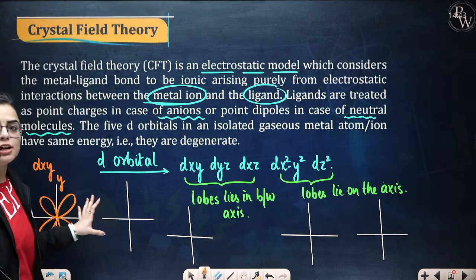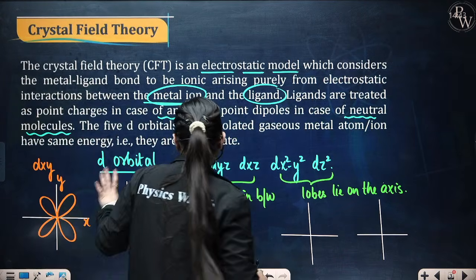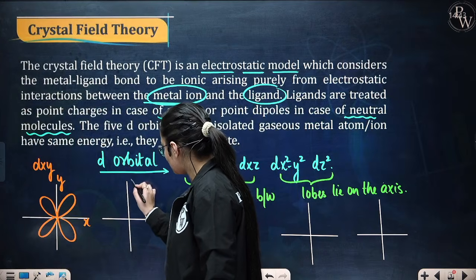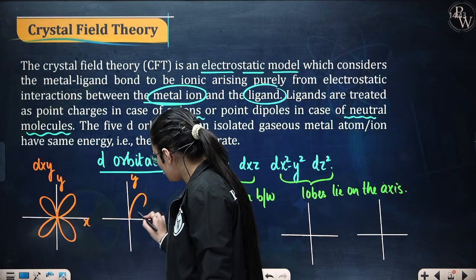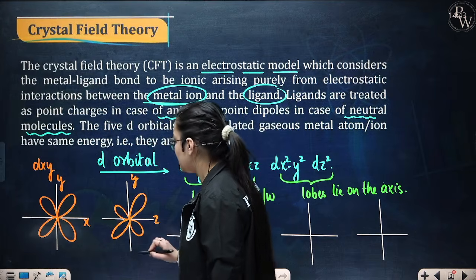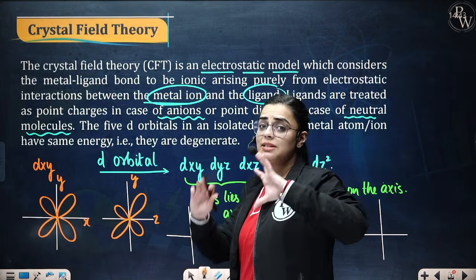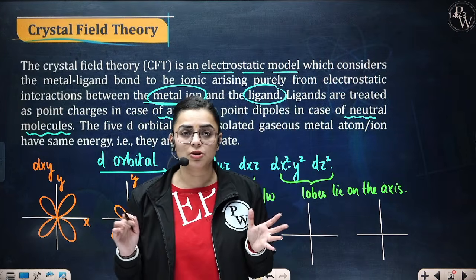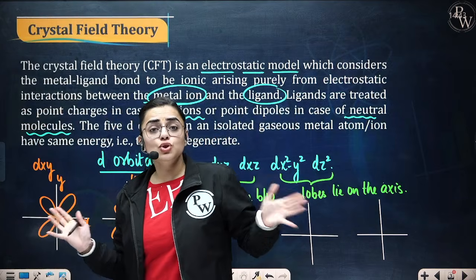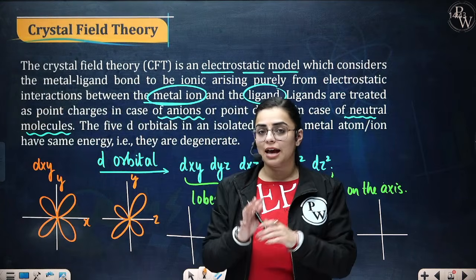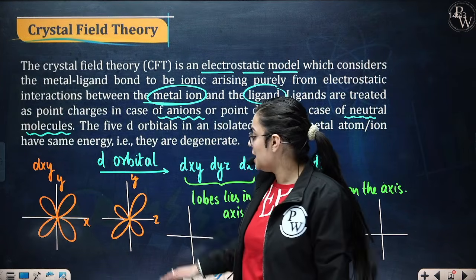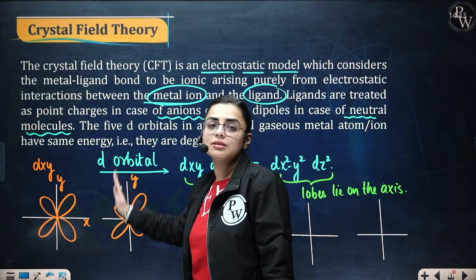Now, we have already done dxy, so let us draw dyz. Take this as the z-axis and this as the y-axis. Again the lobes shall lie between the axes. I am drawing on a 2D plane, but they are basically 3D structures with the x-axis, y-axis and z-axis. So here I'm assuming this is my z-axis and this is my y-axis.